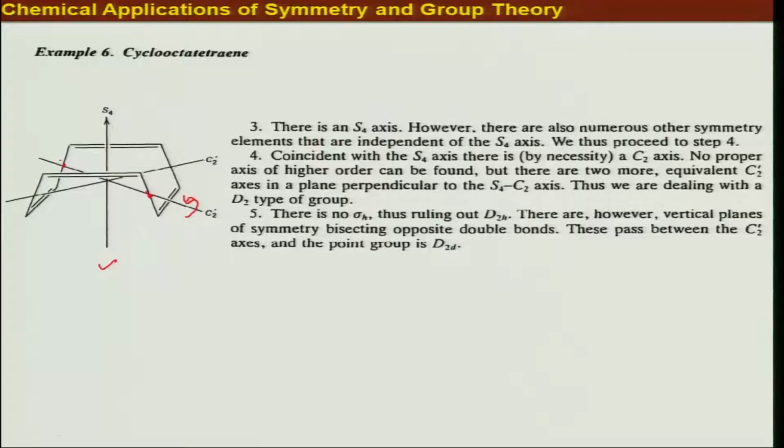If you rotate by 180 degrees, you will get back the indistinguishable structure, and so is this axis. So, you have two C2s, and these C2s are perpendicular to this axis, which is S4, and obviously it will have a C2 axis as well coinciding on the same axis. So, you essentially have now a C2 and two perpendicular C2 primes.